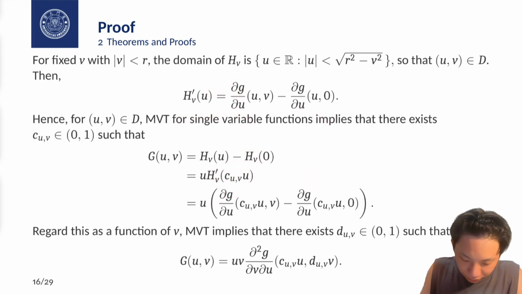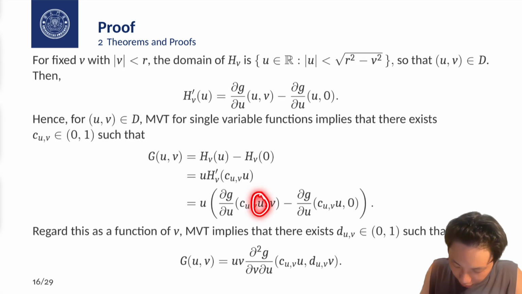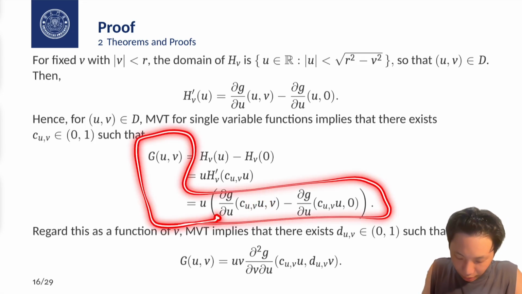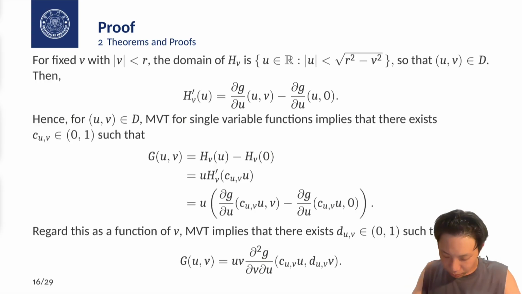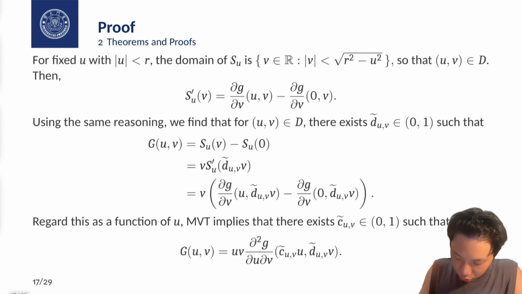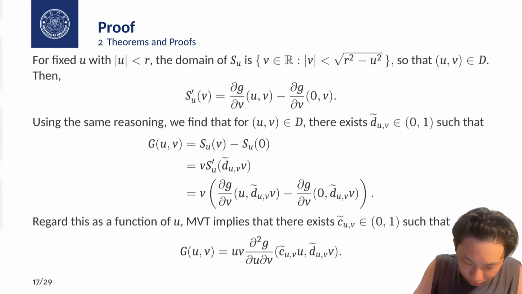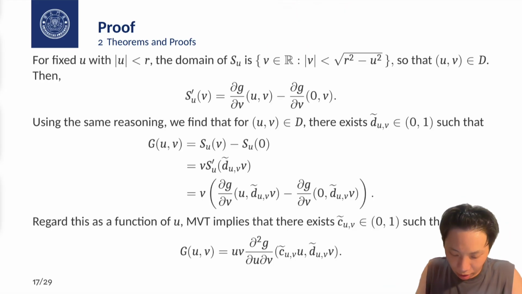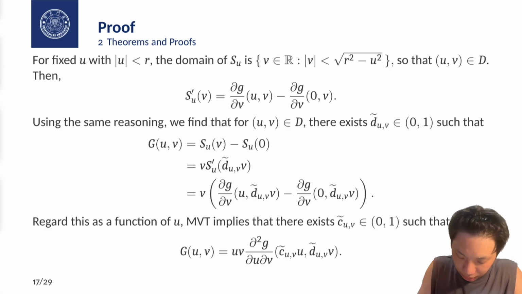Now we can fix the variable u as a constant, and this will become a function of v, and we apply the mean value theorem again, and we get this result. Using a similar way, we can show this result. So now we fix u as a constant, and this will become a function of one variable again, and we take the derivative, and we get this result.